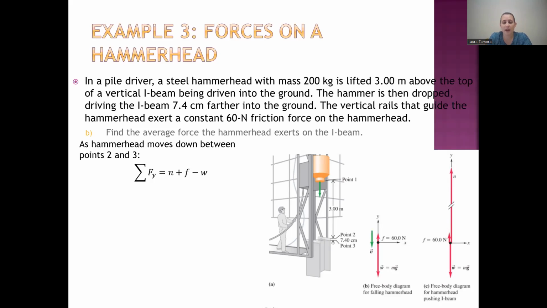And then we have the weight downward towards the center of the earth. So that is a negative force because my convention is that up is positive and down is negative. So that's the sum of our forces in this free body diagram. That means that the total work that is done during this little displacement is the sum of the forces times the displacement.